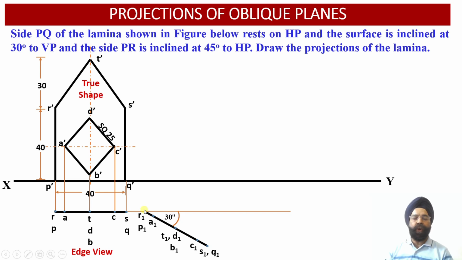We are going to draw vertical projectors through these 9 points of the edge view in the upward direction, and the horizontal projectors through these 9 points we are going to mark from left to right, and wherever the intersection of the corresponding points is obtained, the 9 points of the apparent shape of the lamina which is inclined to the vertical plane at an angle of 30 degrees will be obtained.